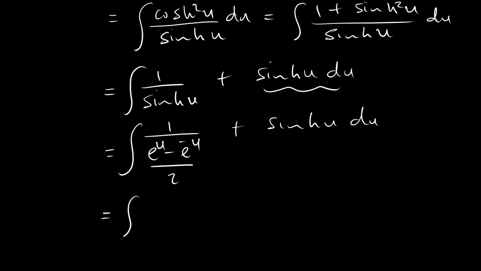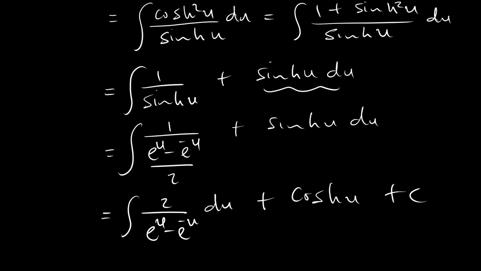So we have 2e^u minus e^(-u) du plus, this is already a known thing, so we don't want to waste time there. Our problem now becomes the integral of 2 over e^u minus e^(-u), plus cosh u plus c.